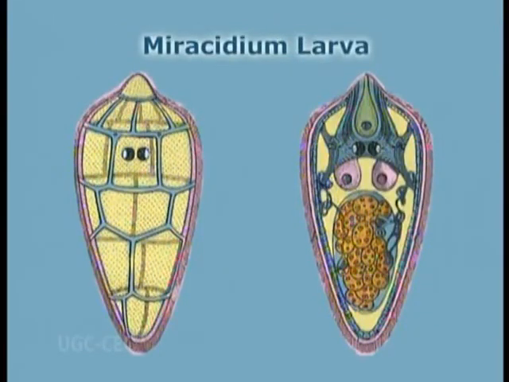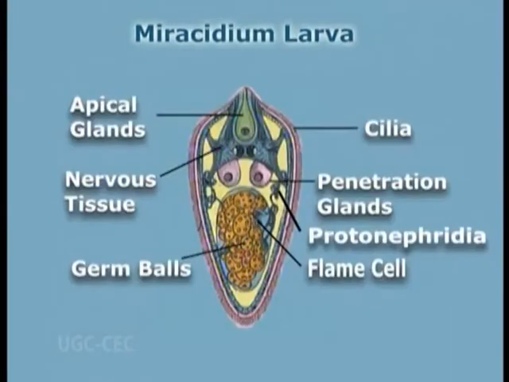You can observe the figure of the Miracidium larva. It is another stage of the life cycle which takes place outside the host body. Now, see the figure please. It is the very first larval stage.